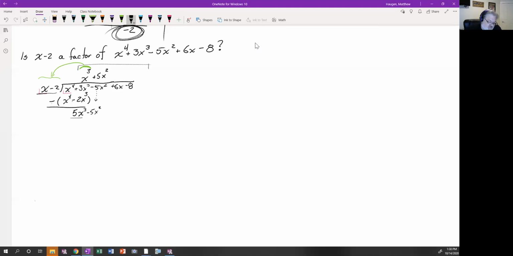Our 5x squared times x is going to give us that 5x to the third that we wanted. Our 5x squared times -2 is going to give us a -10x squared. We then have to be careful of the temptation to have that turn into a -15, because remember, we are subtracting those. So -5 minus -10 is a +5x squared.